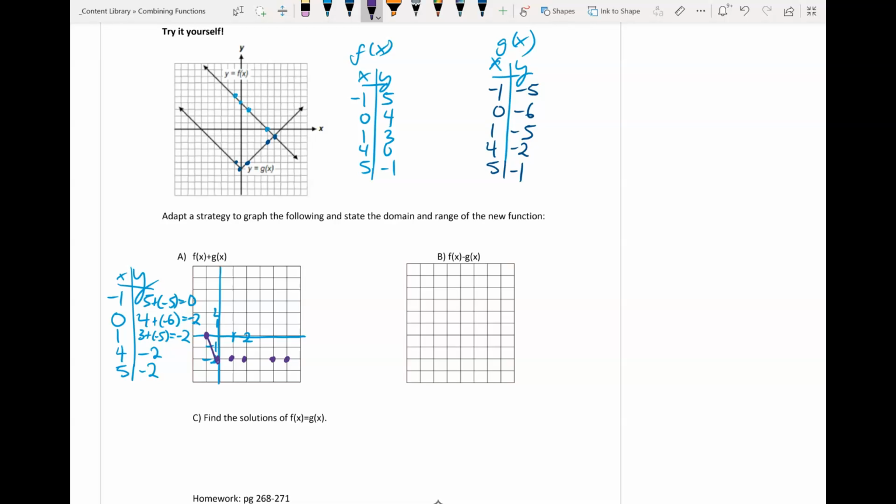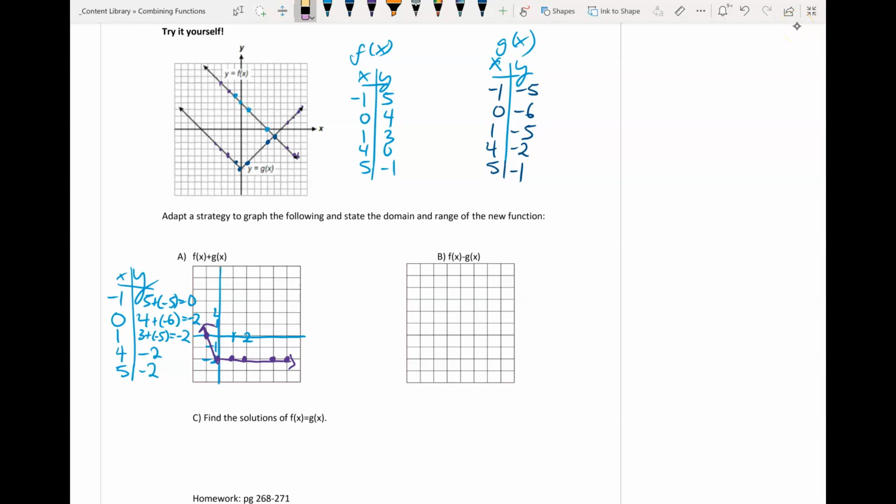We're going to connect these points. And then we're going to extend each side. We know that they're going to continue this way because here our slopes are the same. So if you keep combining these here, we're going to always get -2. And on the other side, if we keep combining these, we're just going to get larger and larger numbers.